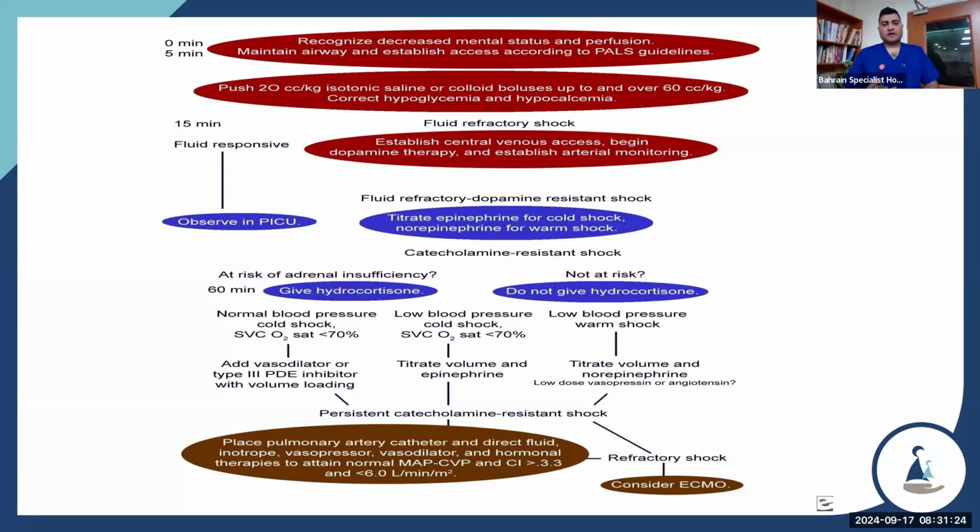If persistent catecholamine-resistant shock, place a pulmonary artery catheter and direct fluid, inotropes, vasopressor, vasodilator, and hormonal therapies to attain normal MAP and CVP and provide a cardiac index of more than 3.3 and less than 6.0 liters per minute per square meter. If refractory shock is still present, you can consider ECMO.